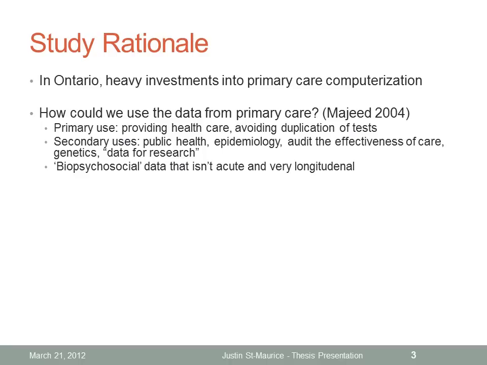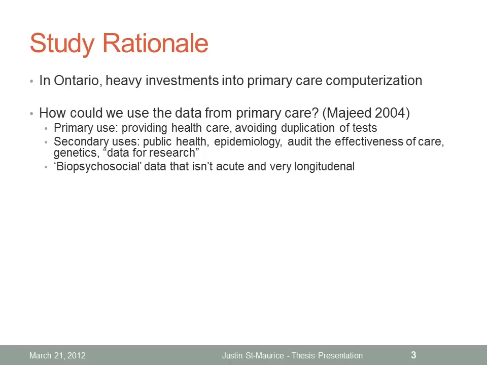The obvious main reasons to have primary care data are to provide healthcare, and the immediate business cases are for avoiding the duplication of tests, by making sure that tests that are done in primary care aren't duplicated in the urgent care setting.